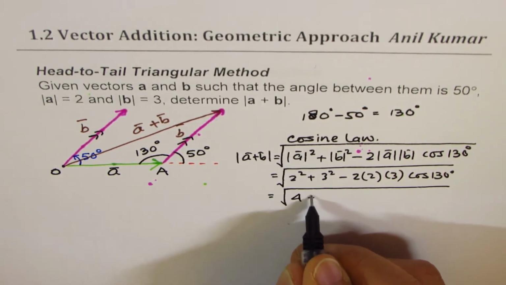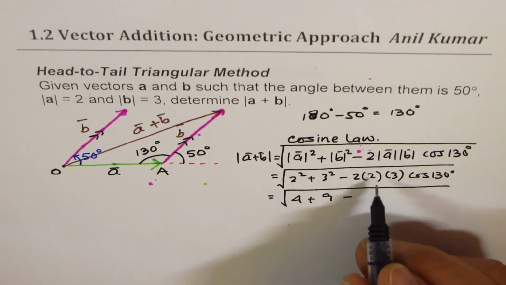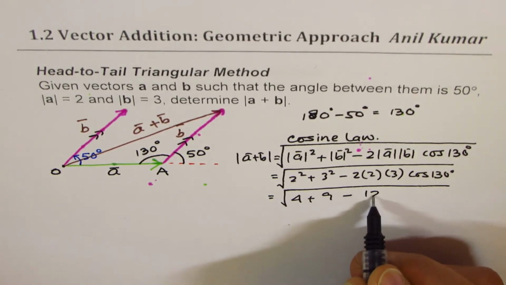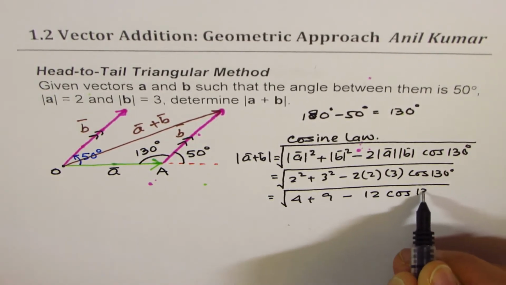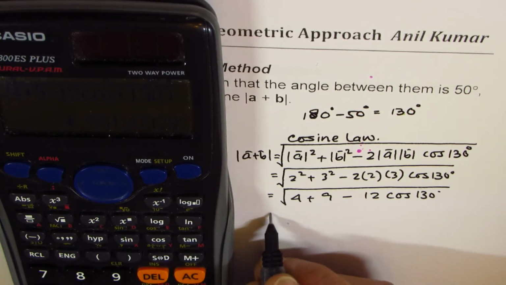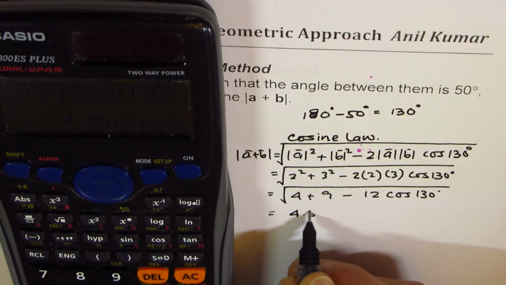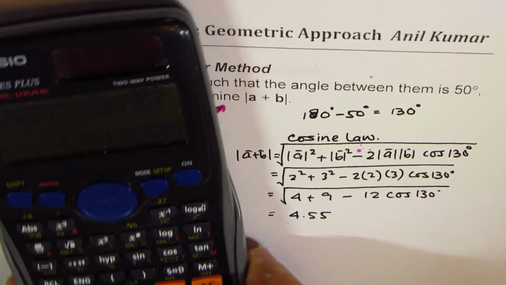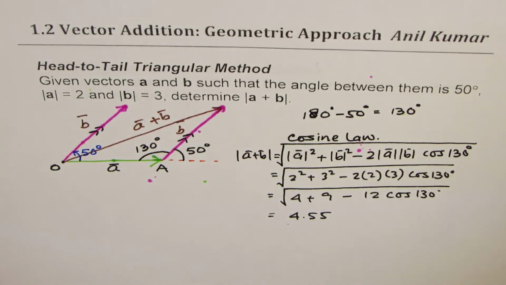So we have 4 plus 9 minus 4 times 3, 12 cos of 130 degrees. 4 plus 9 minus 12 cos of 130 degrees is equal to 4.55, right? So that becomes the magnitude in this particular case.